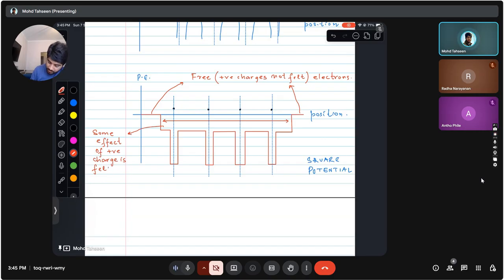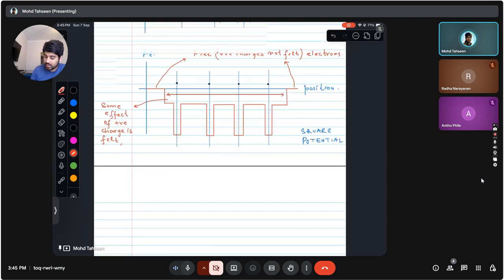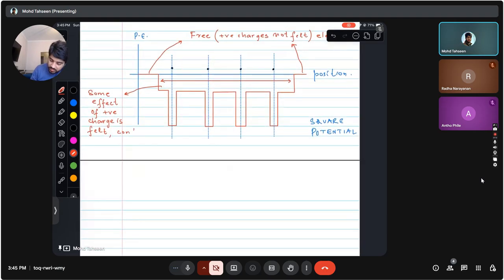And if some effect of positive charge is felt, it means that these electrons get confined within these positions, right? Because inside these positions they can interact with these charges. If they leave this region, they do not interact with the charges at all. So if they have to interact with these charges, they have to be in this region, and in this region we call them almost free electrons.